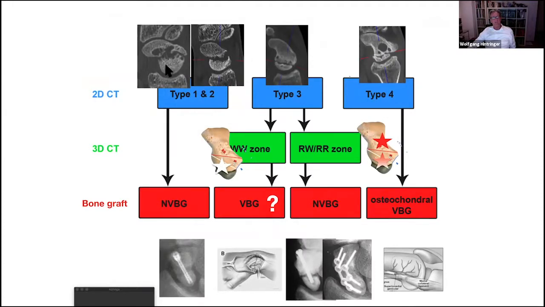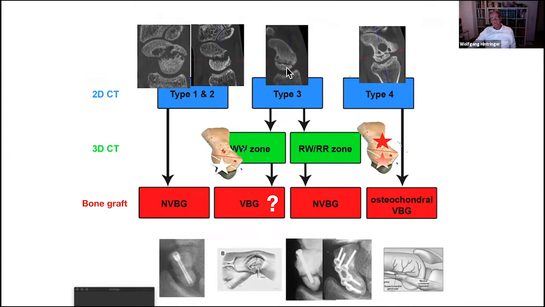That means in type 1 and type 2, where you have a clearly visible structure of the bone, they need no vascular bone graft.